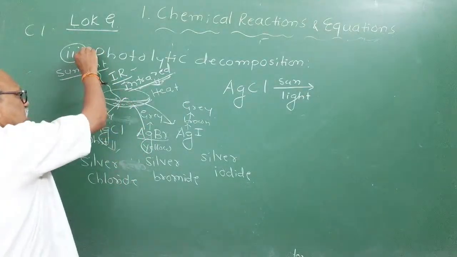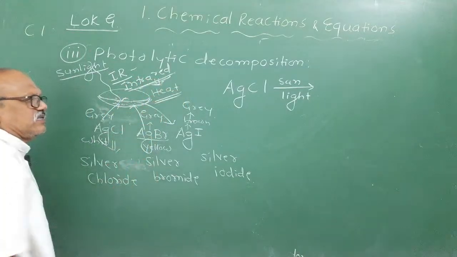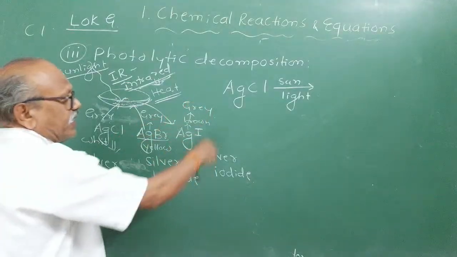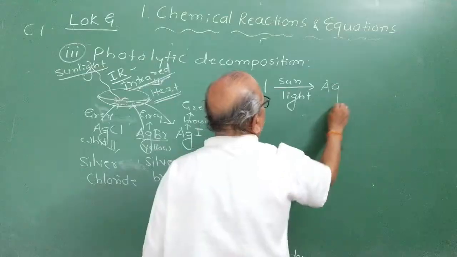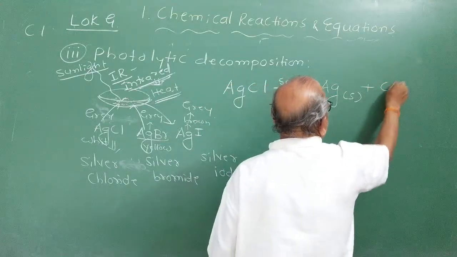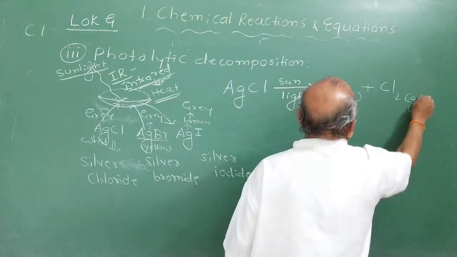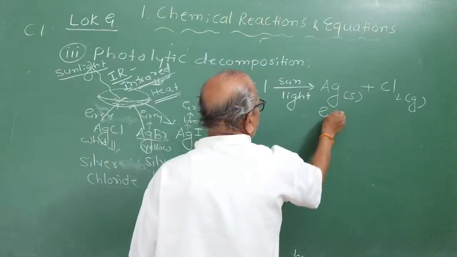Even from the sun, the infrared radiations are responsible for the hotness. Those radiations will break the bond and form silver solid, liberating chlorine gas. Chlorine gas is liberated from this. You are left with the gray colored silver.